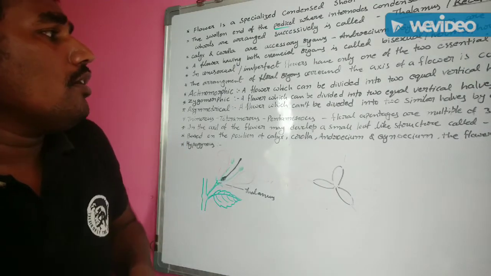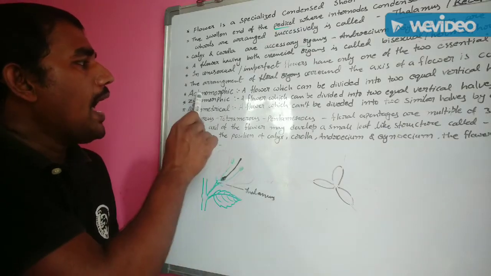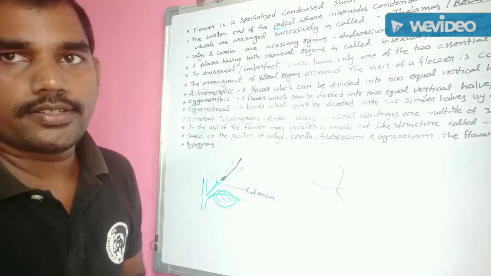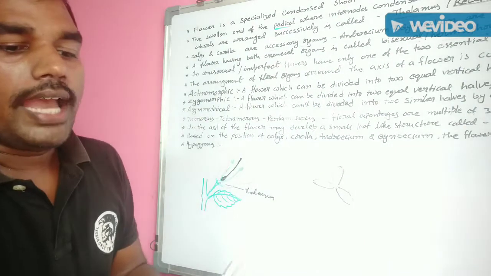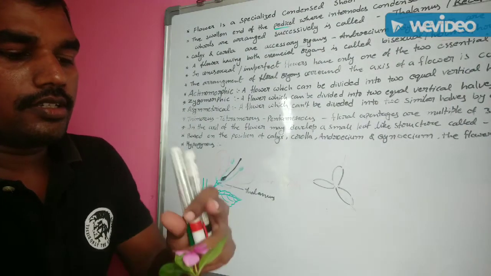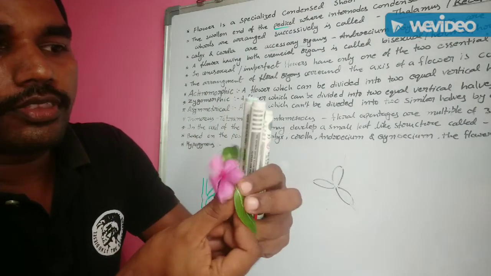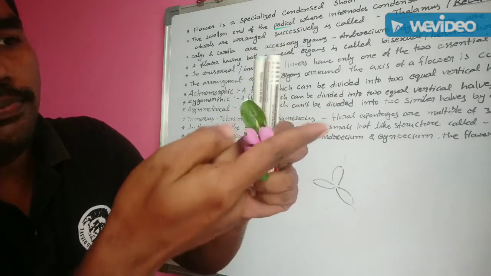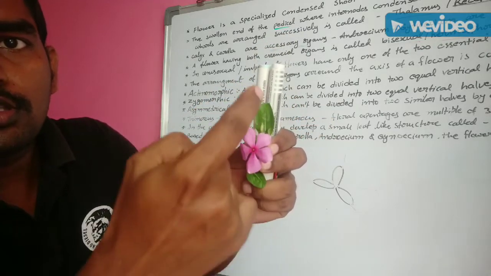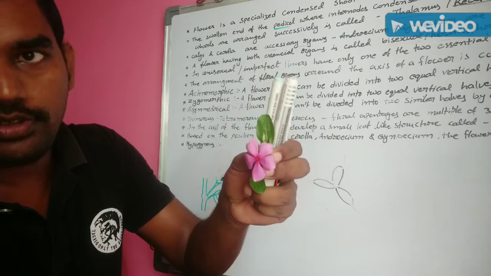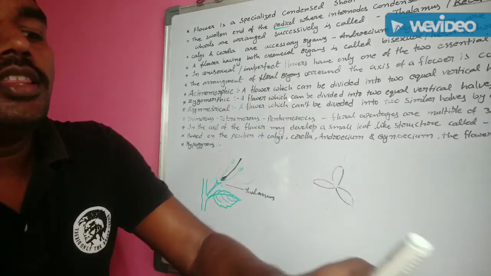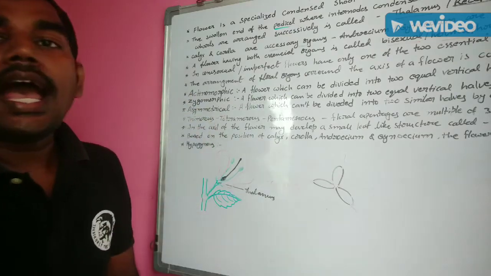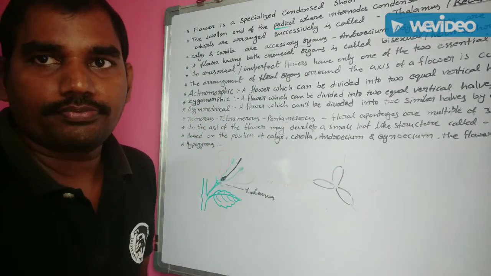This type of flowers are known as actinomorphic flowers. This one is the actinomorphic flower because any vertical plane gives two equal halves.